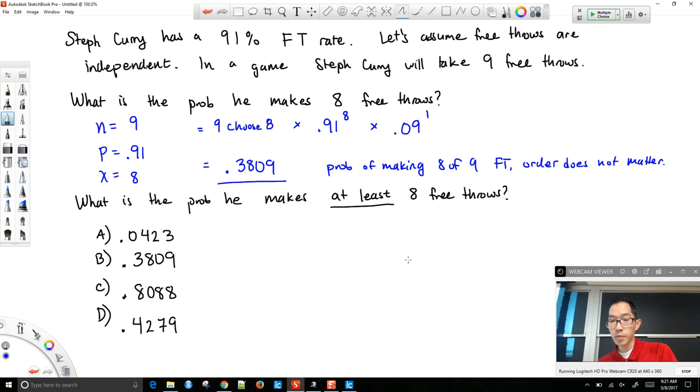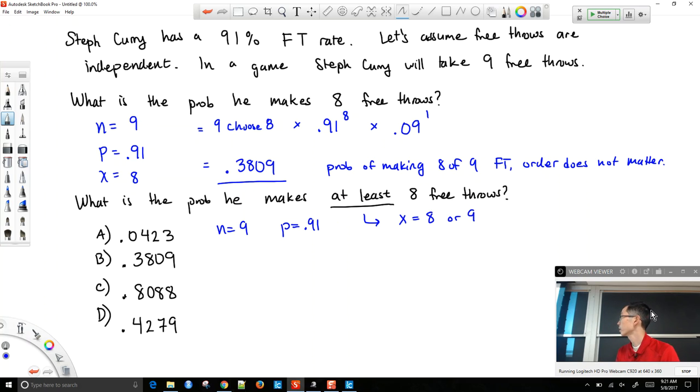The next question: what's the probability he makes at least 8 free throws? In this situation, we still have n is 9 and p is 0.91, but this time my x is equal to 8 or 9.